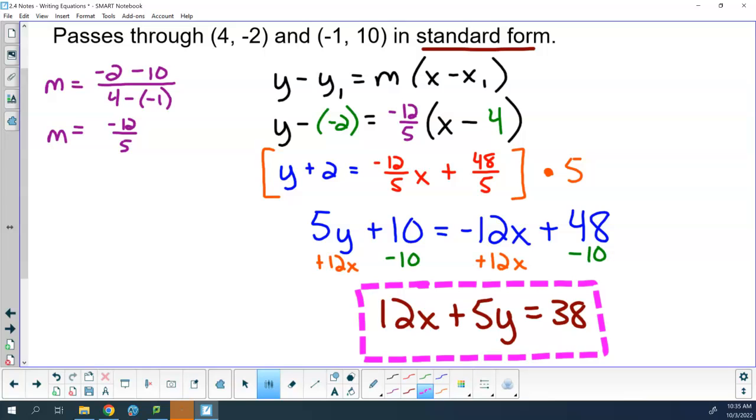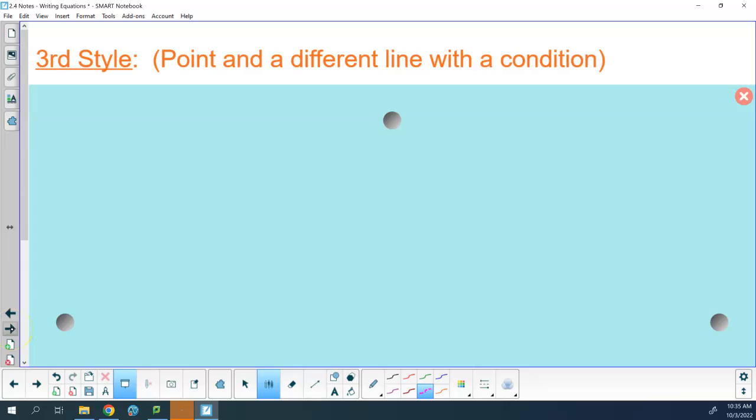The last style of problems that you will see in regards to this is you're given a point and a different line with a given condition. What I mean by that is you might get a point (x, y), and then it will say parallel or perpendicular to this line.